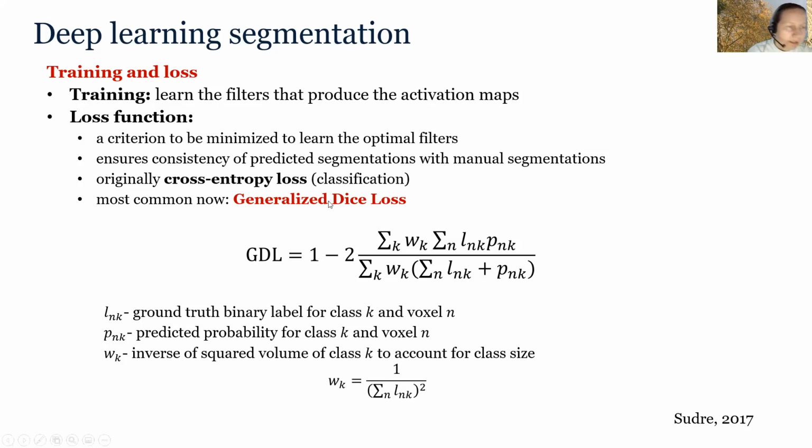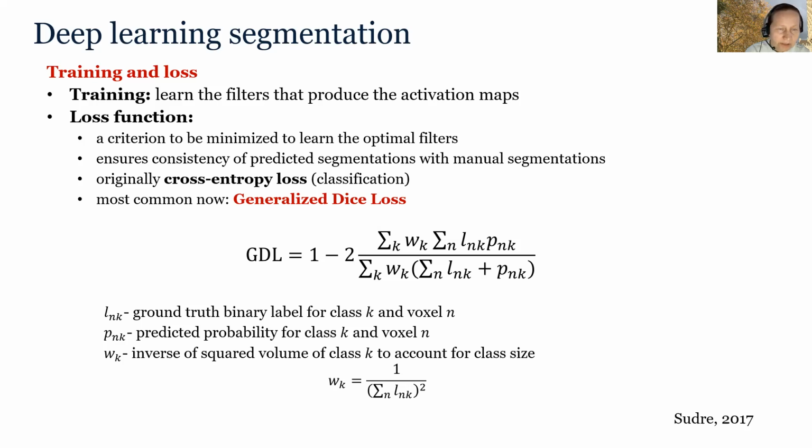Okay, so the loss function is a criterion that needs to be minimized for the network to learn the optimal filters, and it ensures the consistency of predicted segmentations with manual segmentation. So originally, we used cross-entropy loss for segmentation because, as we said, segmentation is in fact multi-output classification, and cross-entropy is the typical classification loss.